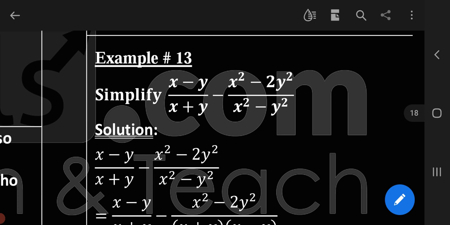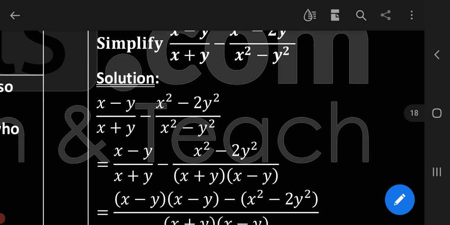But on the other side we have x square minus y square. We have a formula that x square minus y square, which is a quadratic factor, can be converted into linear factors, that will be x plus y into x minus y. Whenever we have to take the LCM of these two polynomials, as I already explained, in LCM we have to take the common factor multiplied by the non-common factor.